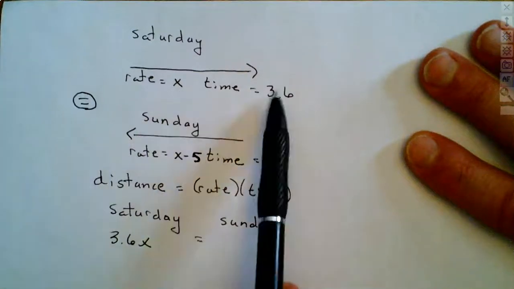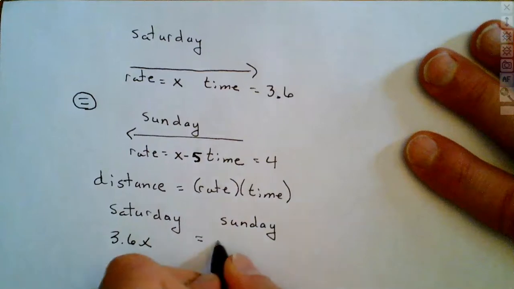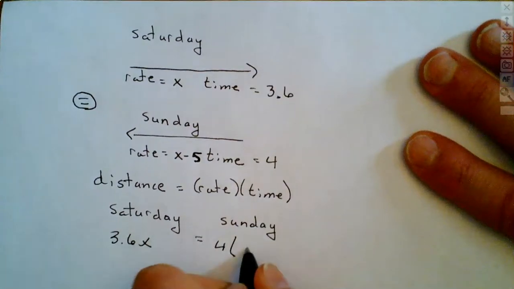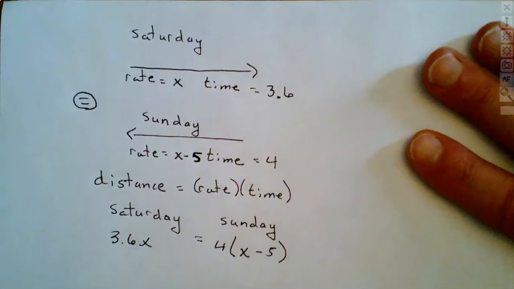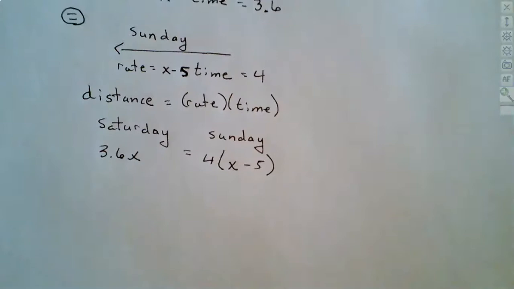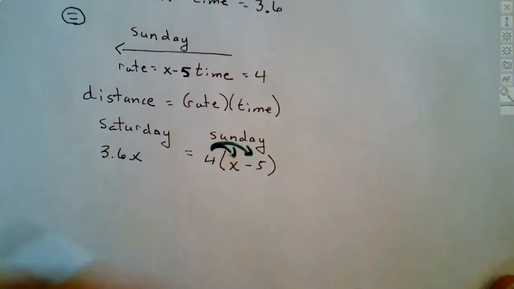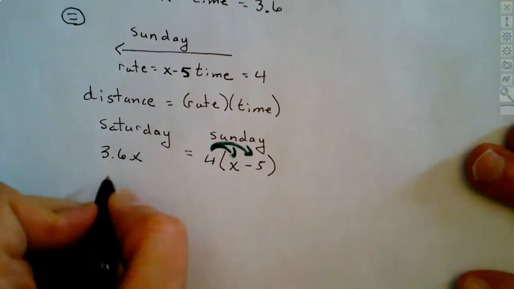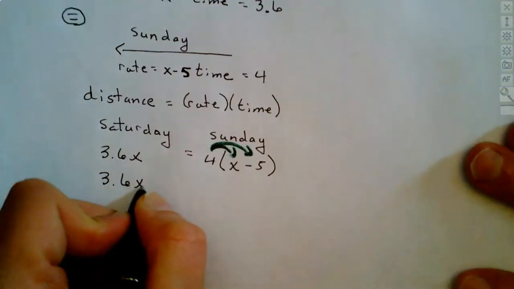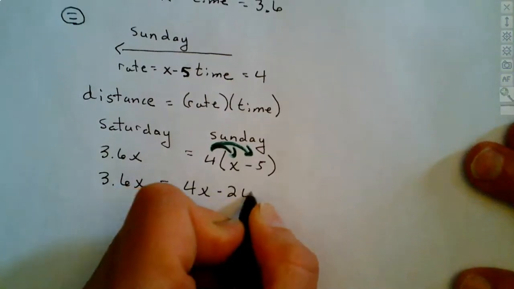That's your rate times your time. What about Sunday? Sunday, we have 4 times x minus 5. We now have the information that we need to finish this out. So we'll distribute that 4 through. So go ahead and distribute that 4 through, and we get 3.6x equals 4x minus 20.